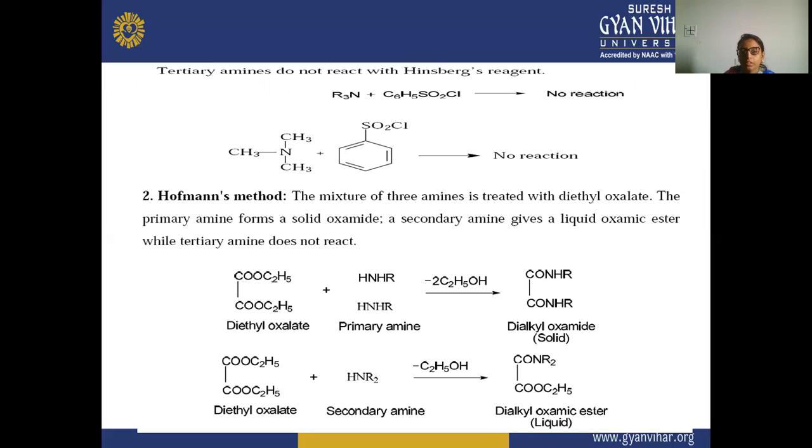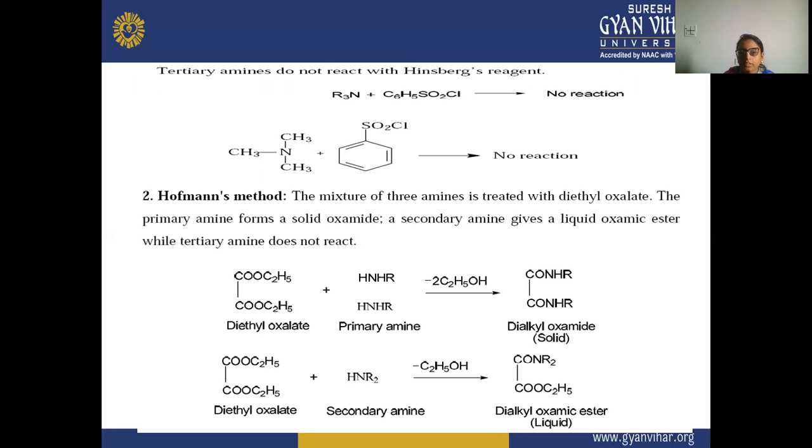So in the Hofmann method, the mixture of three amines is treated with diethyl oxalate, and the primary amines form a solid oxamide, a secondary amine gives a liquid oxamic ester, while tertiary amine does not react.